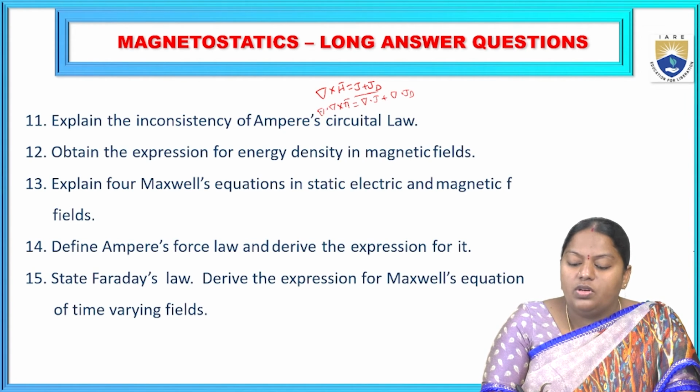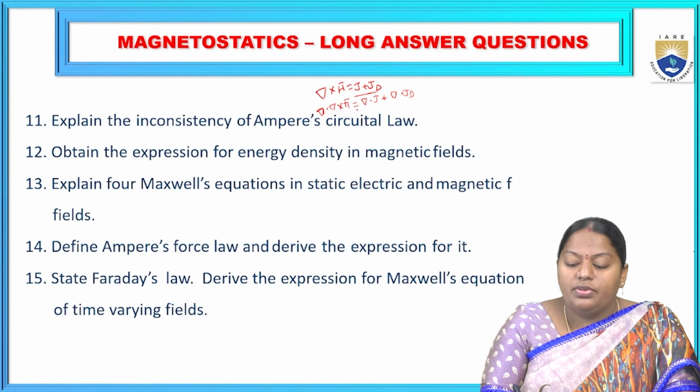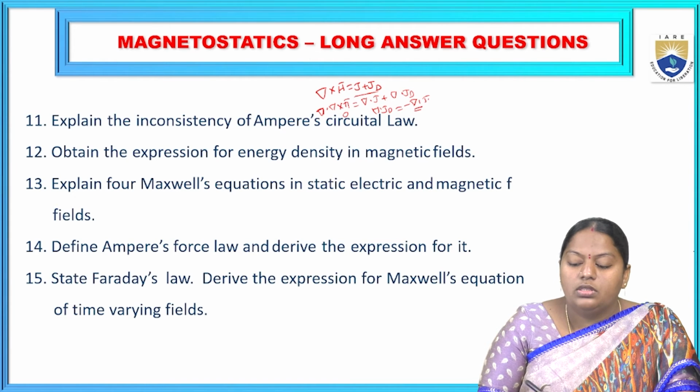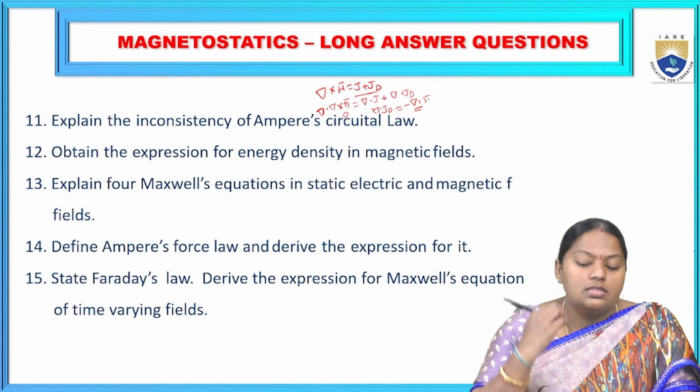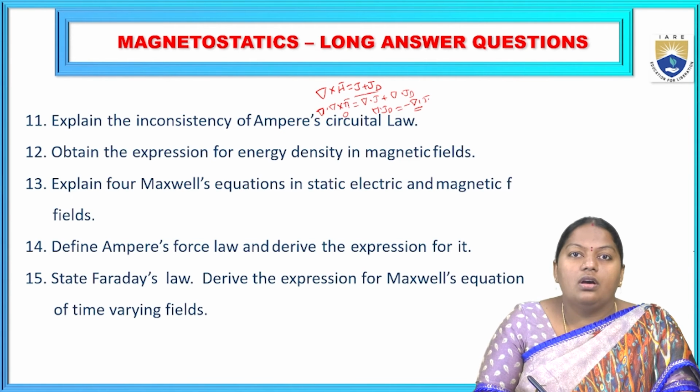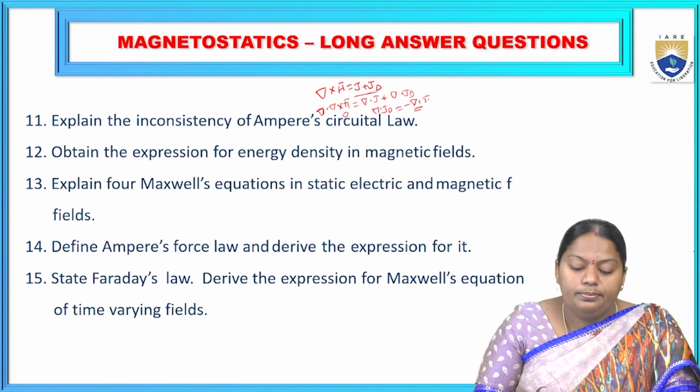In vector analysis, the divergence of the curl of any vector field is equal to 0, so this becomes del dot JD is equal to minus del dot J. So del dot J is not equal to 0. This is the inconsistency that exists in Ampere's circuit law, which is to be avoided.